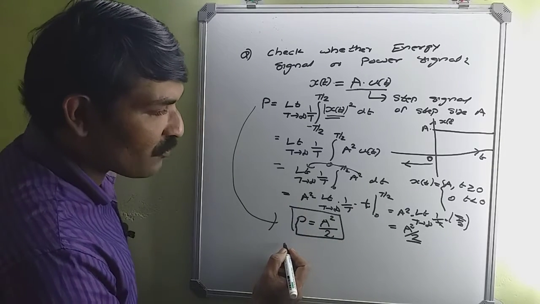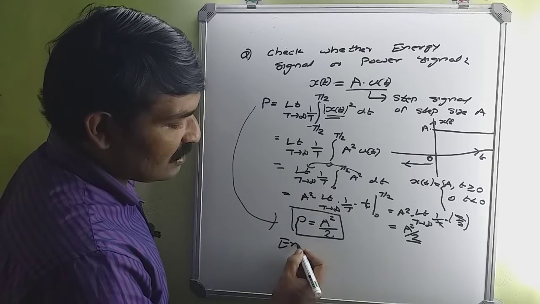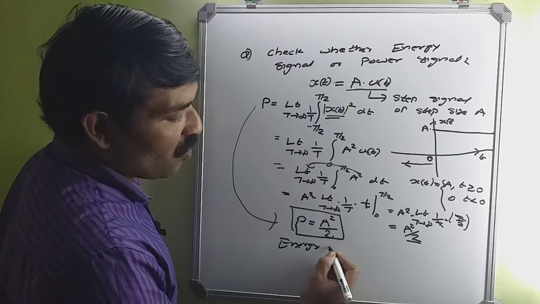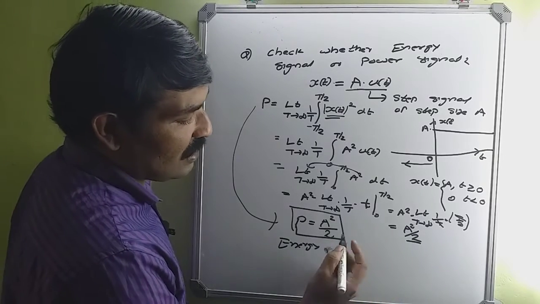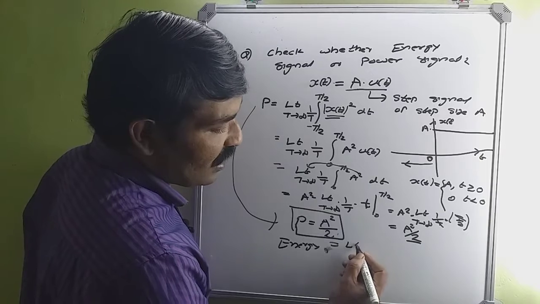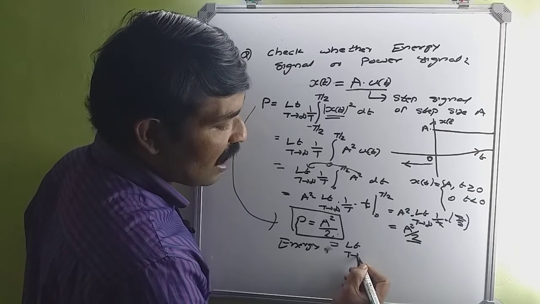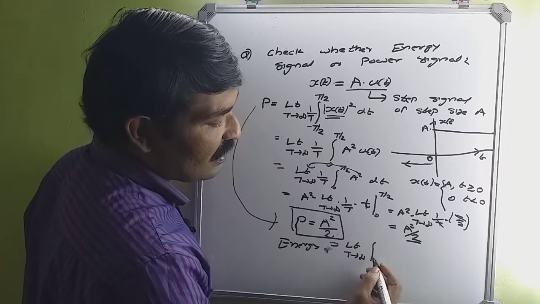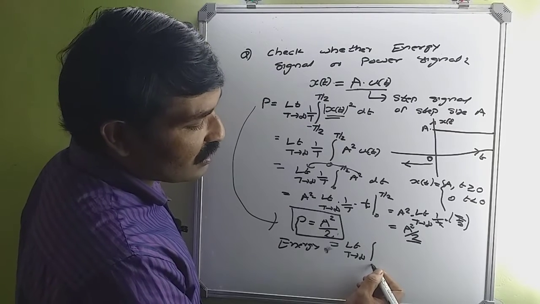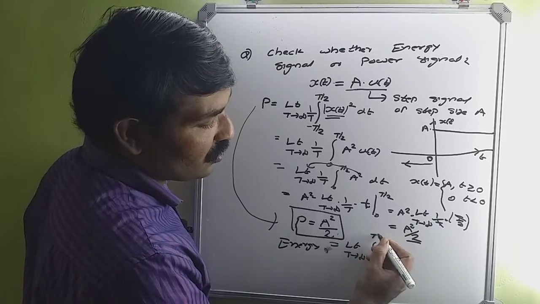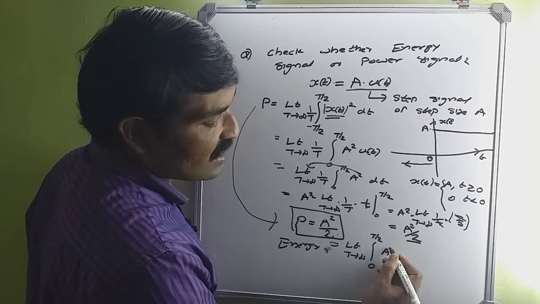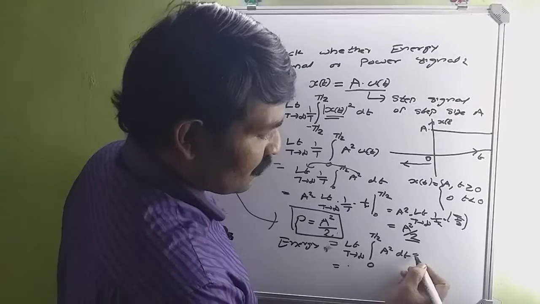Now what is the energy of the signal? Energy of the signal is equal to limit t tends to infinity integral, again I am taking the limit lower limit 0 to t by 2 A square dt.